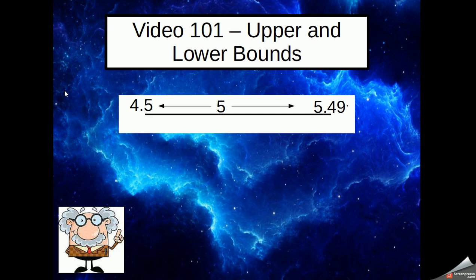That means 5.4999999 and so on. We've done recurring numbers before. All of those, because it's 4 in the next column, would round down. And yet that is infinitely close to 5.5. If that 5.4 and the 9s went on forever, it's extremely close to 5.5.